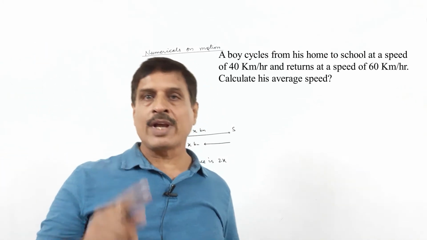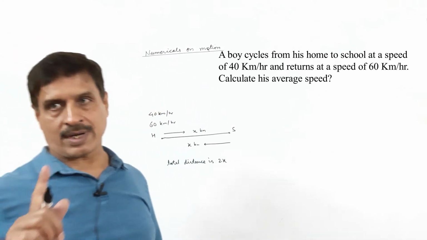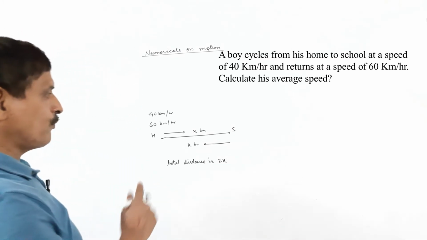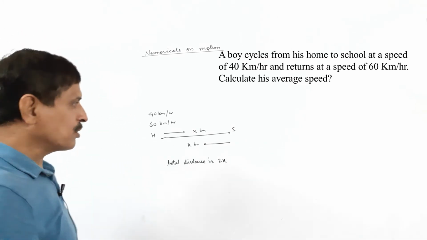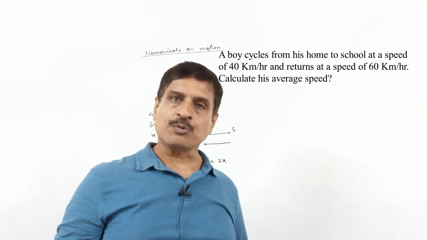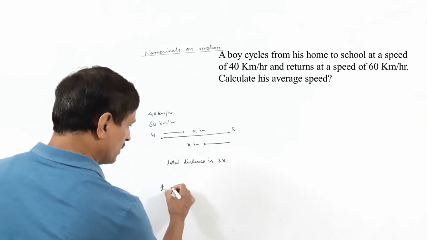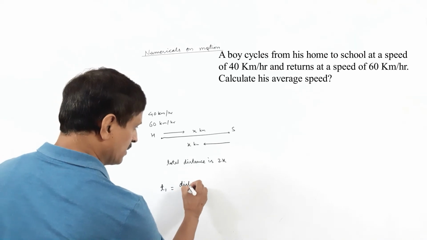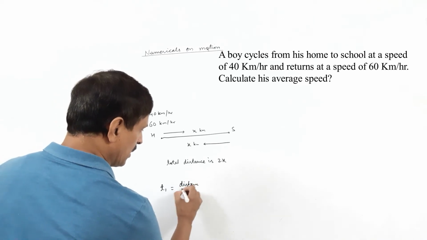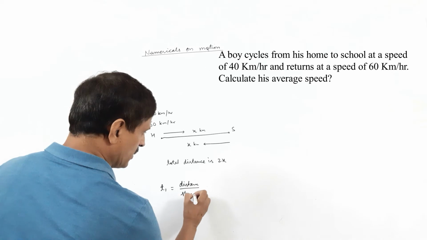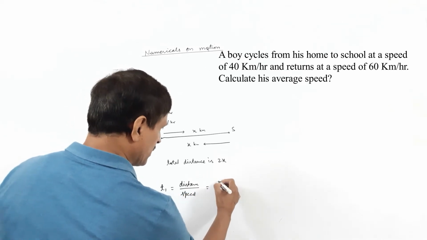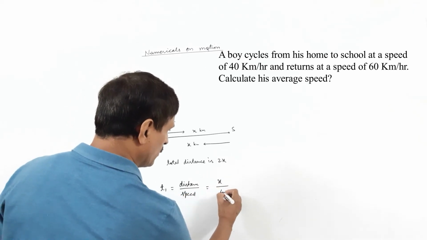We can calculate the total time taken using the formula time is equal to distance travelled upon speed. So T1 is equal to distance upon speed, that is x upon 40.